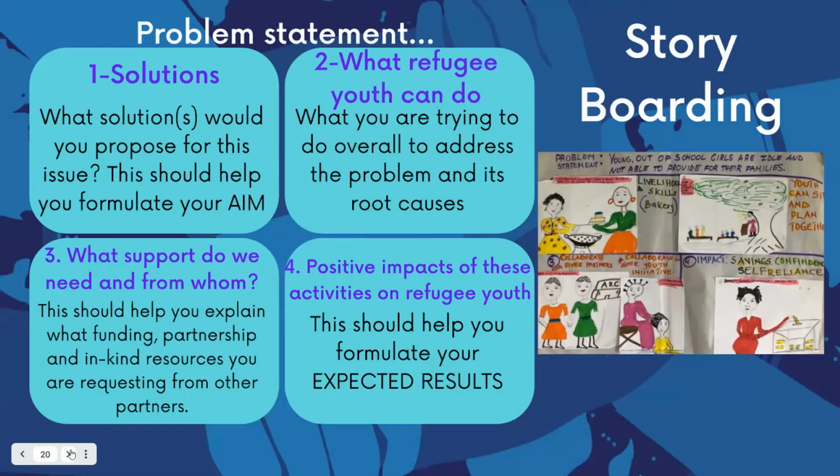And then the results: after identifying the problem, the solution, what we can do as young refugees together, and the support we would need, the impact would be that many young girls would continue to save money. Their self-esteem would be boosted, and they would also have self-reliance. They wouldn't have to depend on anyone to sort out particular problems for them.